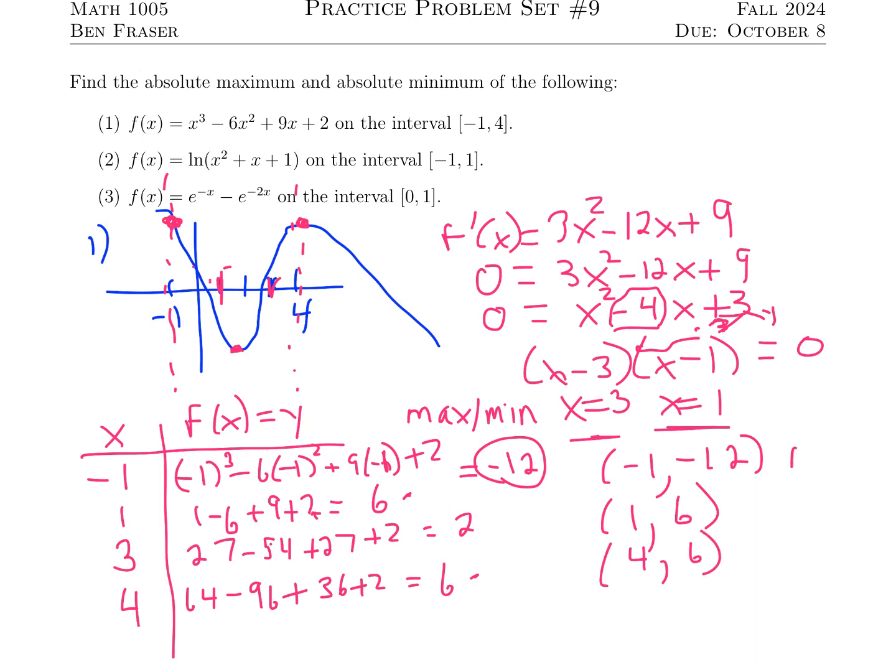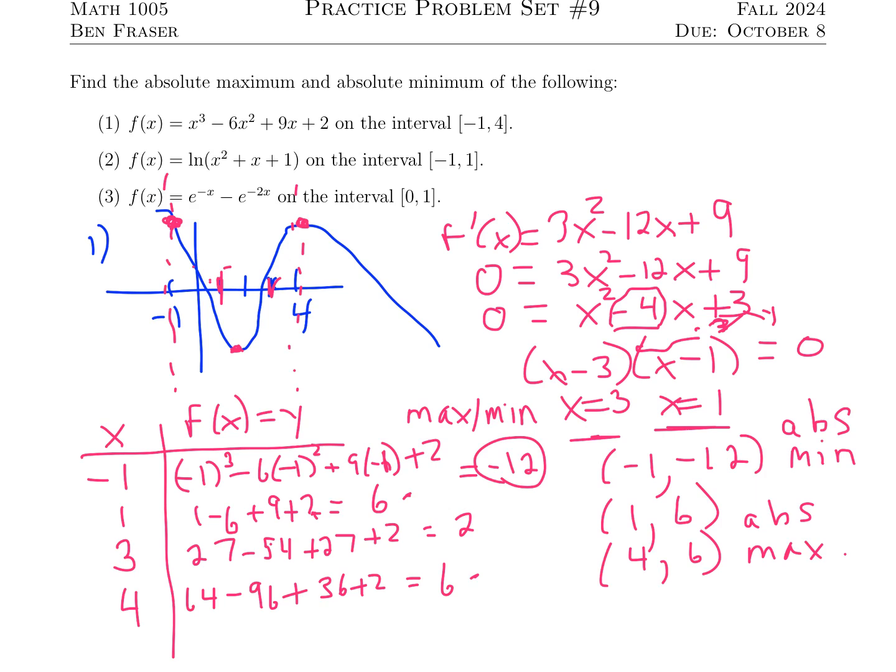Okay, so this is going to be our absolute lowest point. And these are absolute maximum points in that range between -1 and 4. Okay, so that's how we do all of these questions.